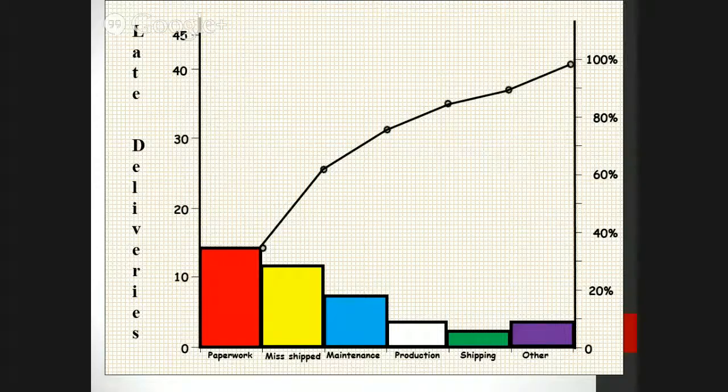But if I stack this on top of here, that was actually a little over 60% of my entire problem is because of paperwork and misshipped. That makes sense? So it shows how you can solve just a few problems to get the biggest bang for your buck. It puts your priorities in a list, and so forth. So go ahead and kind of draw that out and understand how that works.